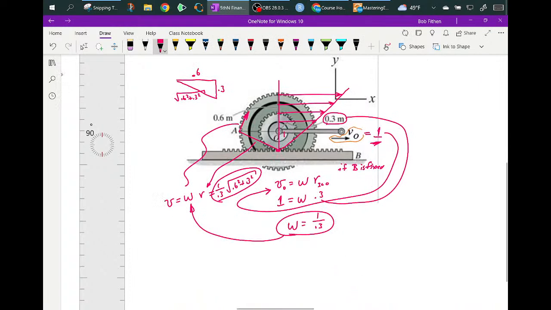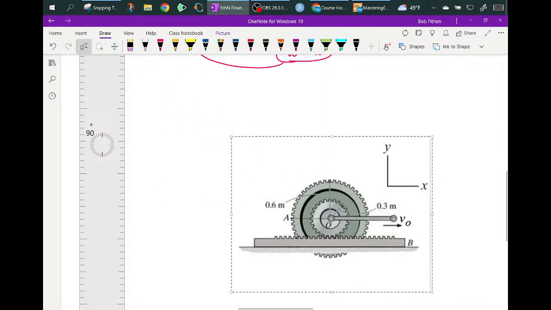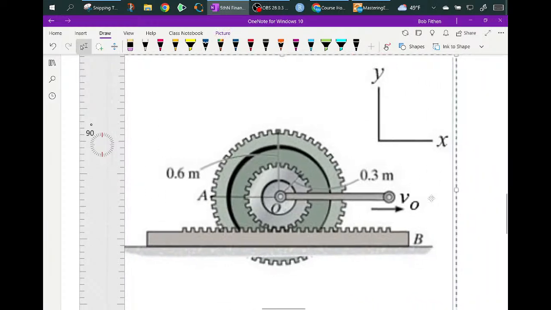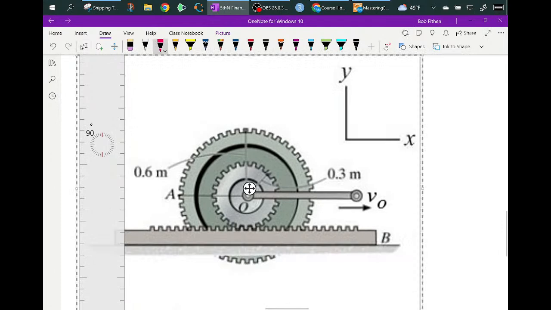Let's take a case in which it's slightly different.